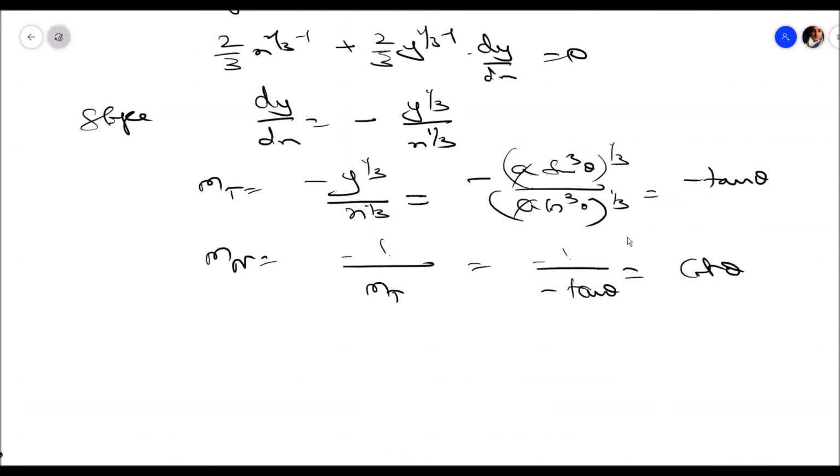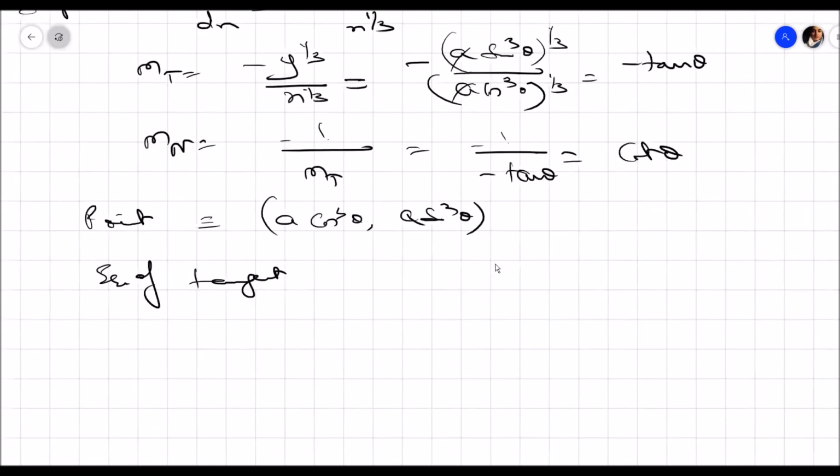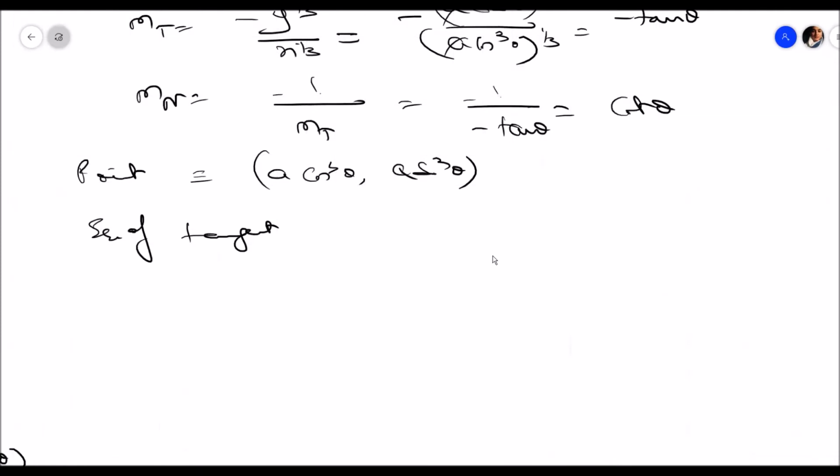So I have the slope of the tangent and I also have the slope of the normal. With these two slopes, I also have the point at which I need to find the equations of tangent and normal. So a cos cube theta comma a sine cube theta is the point. So let me find the equation of the tangent. Just done it in the previous problem itself.